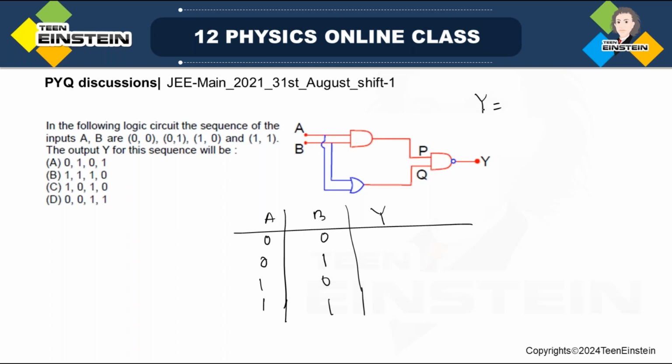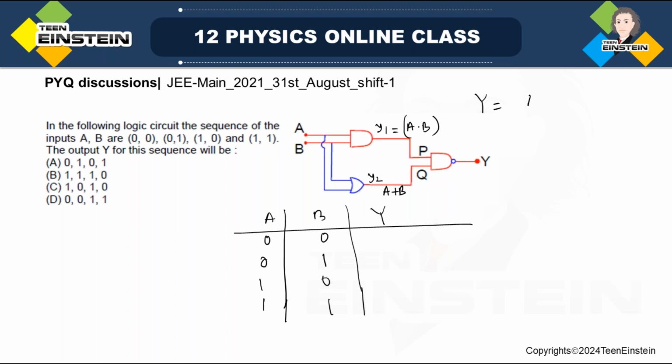To find out Y, let me take this as y1 and this as y2, and these two will come here. So what is y1 and y2? This is an AND operation, so this will be A and B. Now this is an OR operation, so this will be A or B. Now this is actually a NAND operation.